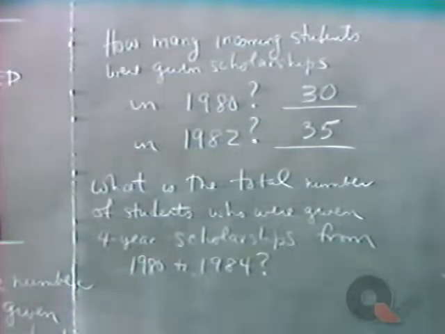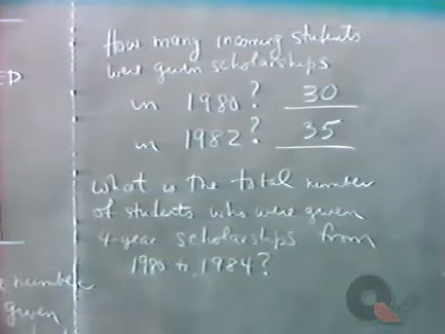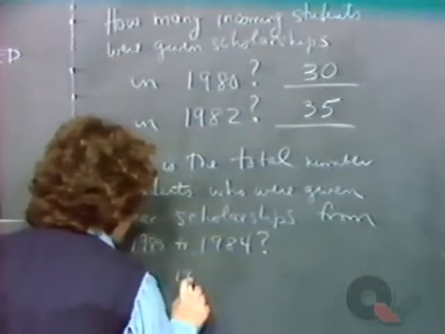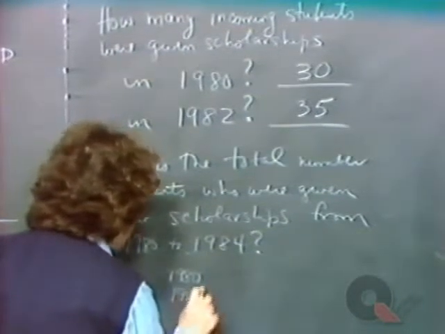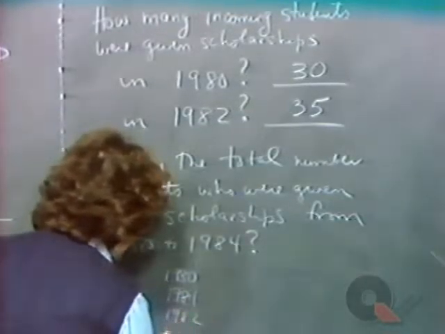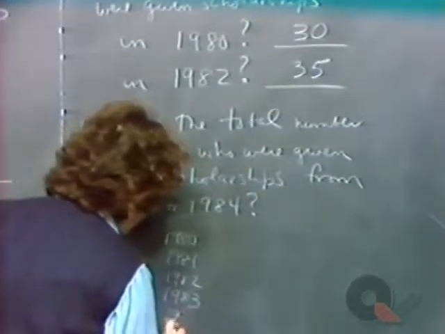What is the total number of students who were given four-year scholarships from 1980 to 1984? You would have to write down the number of scholarships awarded each year and then add them up to get the total.